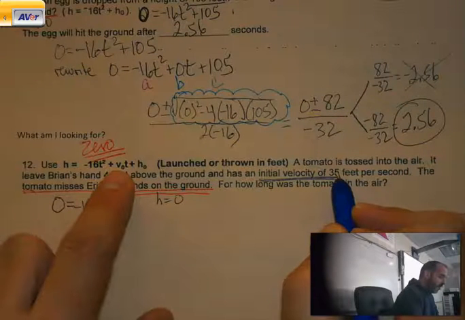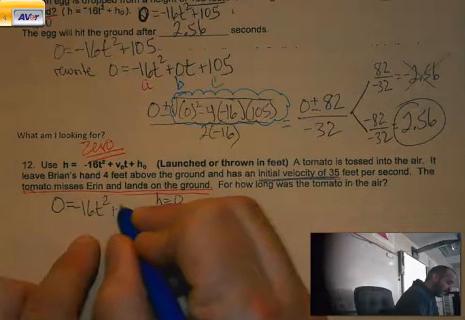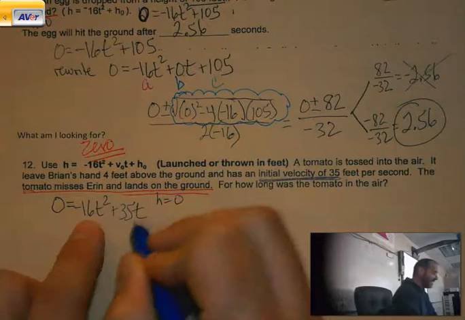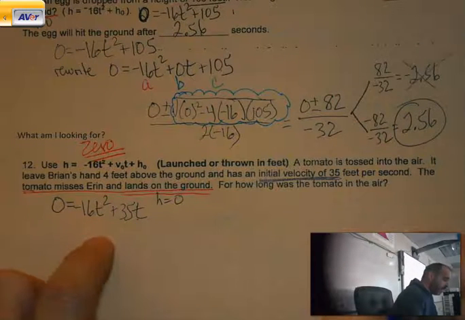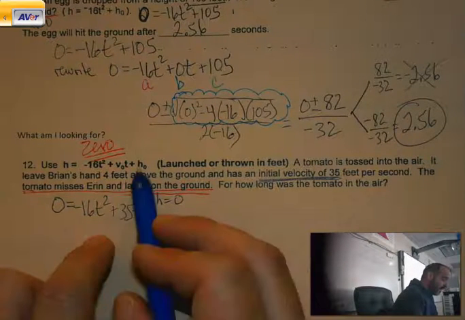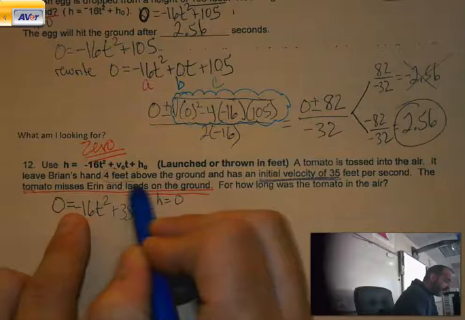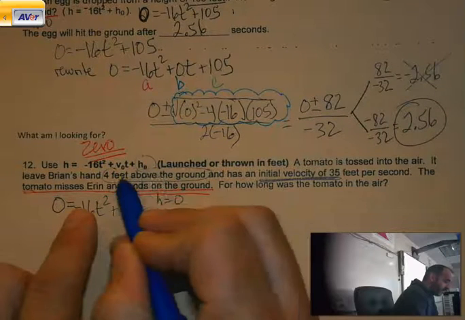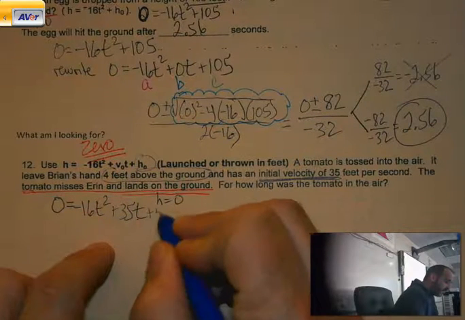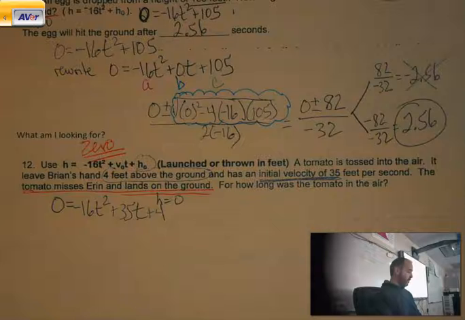Here's my v sub o, my initial velocity. And again, if you want to be putting x's here instead of t's, that is a-okay. And my initial height was 4 feet above the ground. So we're in the same situation that we were up above in the last one.